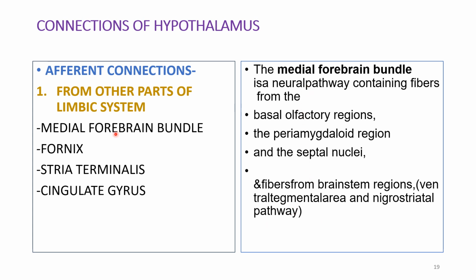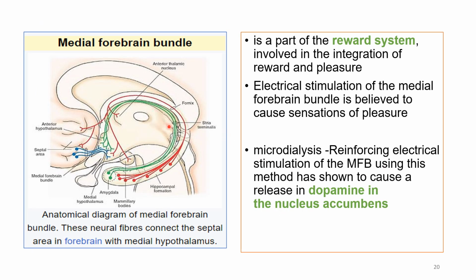So what is the medial forebrain bundle? It is a neural pathway and it has fibers from the basal olfactory regions, periamygdaloid region, septal nuclei, and from brainstem regions, mainly the ventral tegmental area and nigrostriatal area.